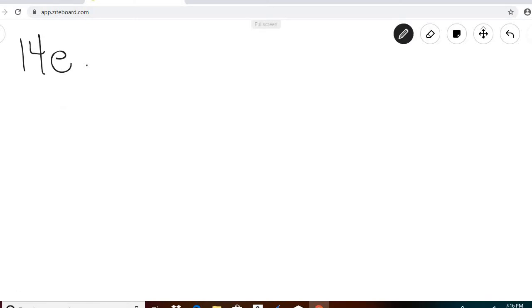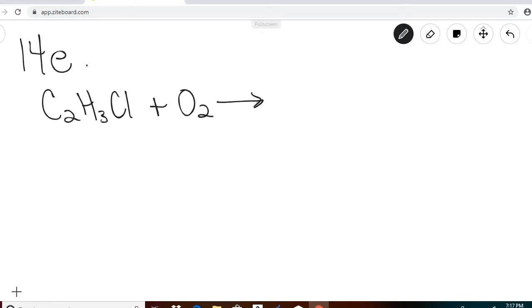E is C2H3Cl plus oxygen gas will produce CO2 plus water plus HCl.